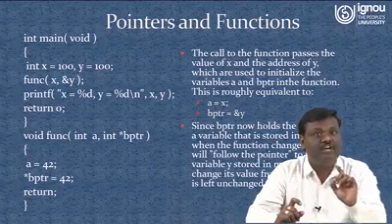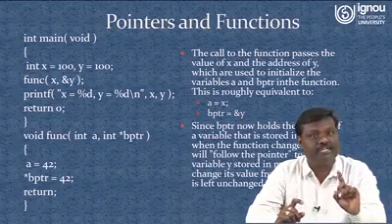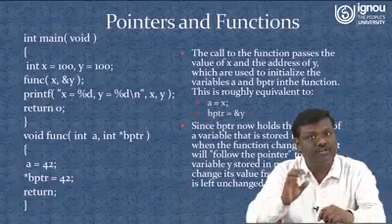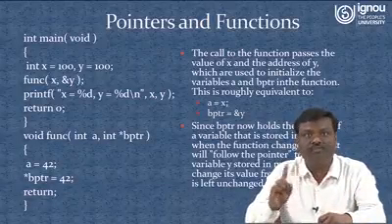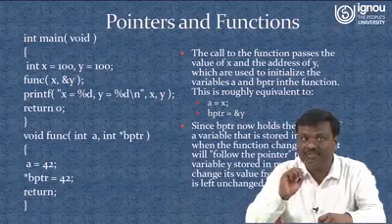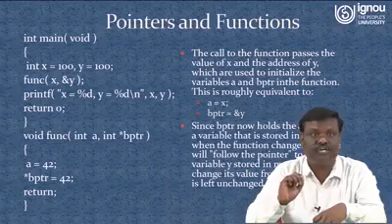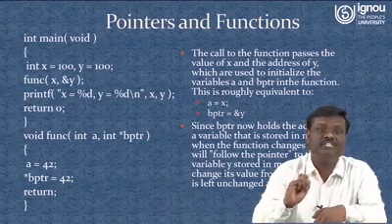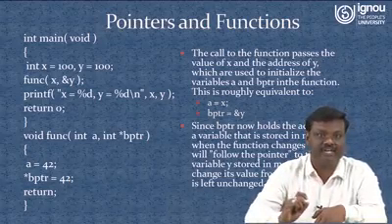And whenever it wants to capture the address value that is passed from the calling function, here in order to capture the address, a normal variable is not sufficient. As we know, it should be a pointer. So BPTR is a pointer variable which captures the address of y.